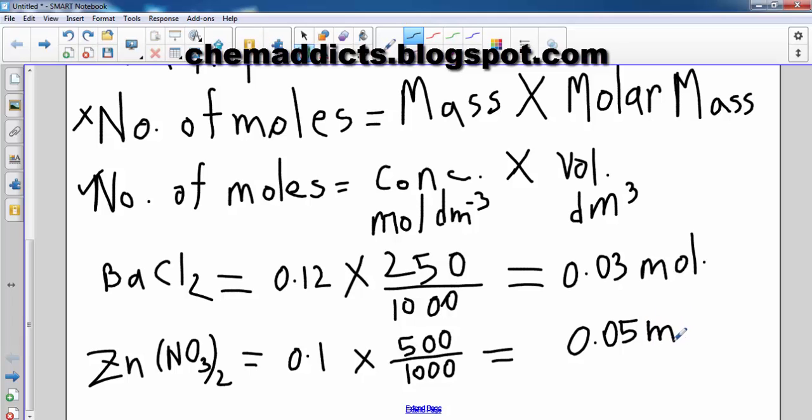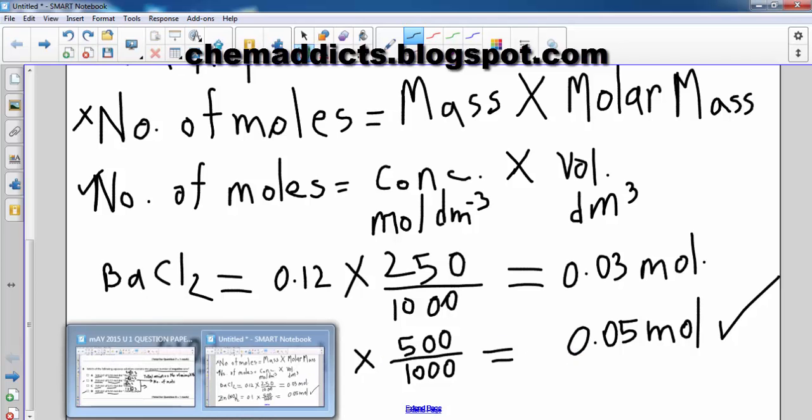Now it is right. Can you compare with this one, which should be the greatest number of moles? Well, you can guess. Yes, you are correct. This contains the greatest number of moles, and this contains the greatest number of anions.